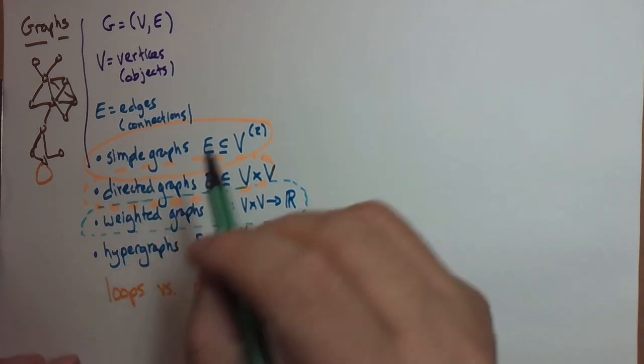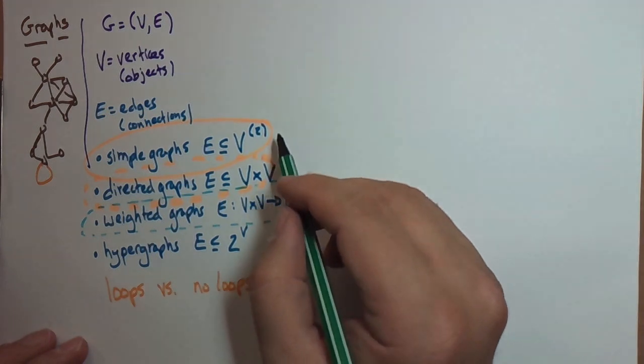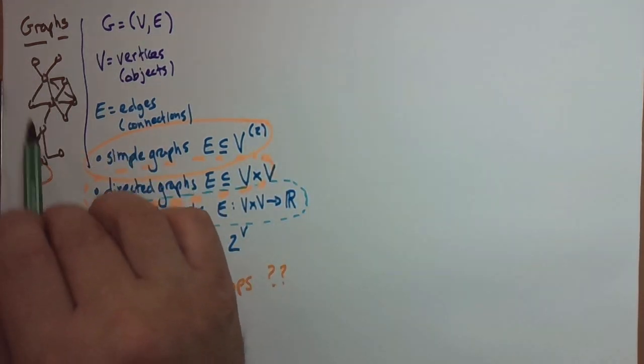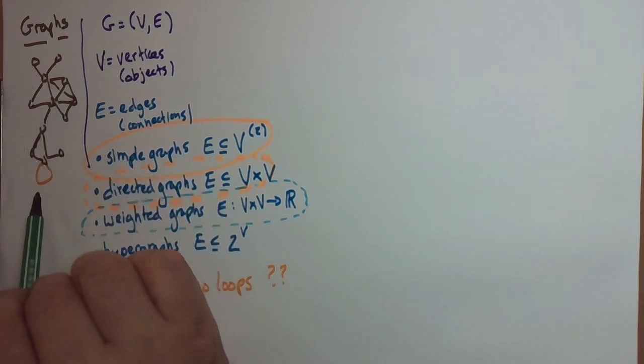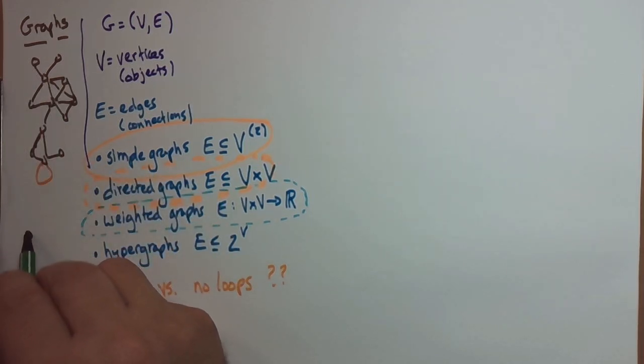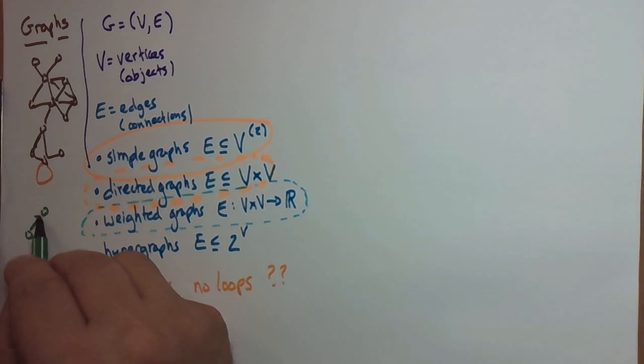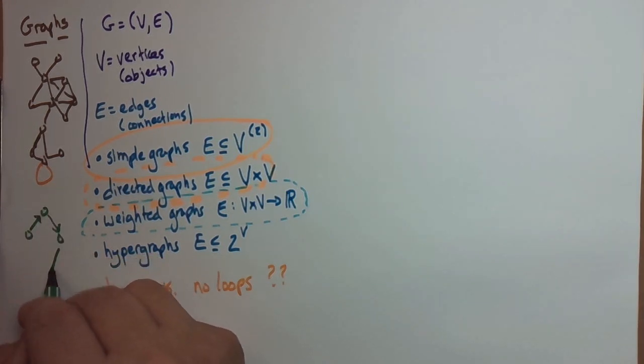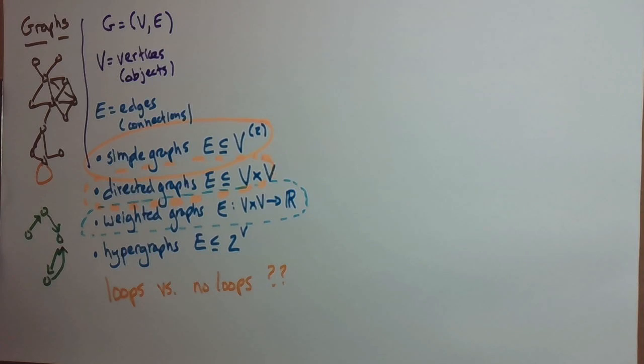I guess we should have drawn some example of a simple graph versus a directed graph at least. So what we have drawn would be a simple graph, now with a loop. A directed graph, visually the way you represent it, is you can add an arrow. And sometimes you'll hear people talk about oriented graphs versus directed graphs.